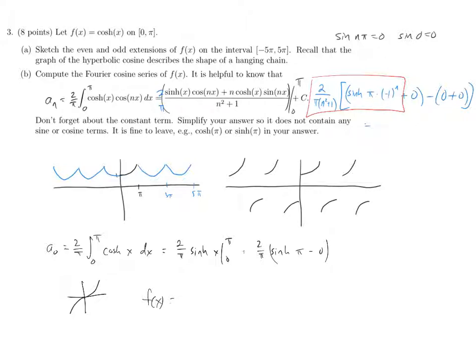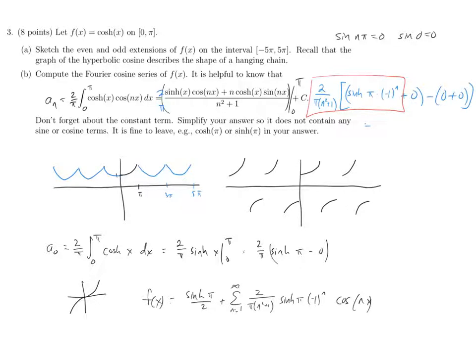So that is sinh of pi over 2 plus the sum from n equals 1 to infinity of 2 over pi (n squared plus 1) sinh of pi times (-1) to the n times cosine of nx.